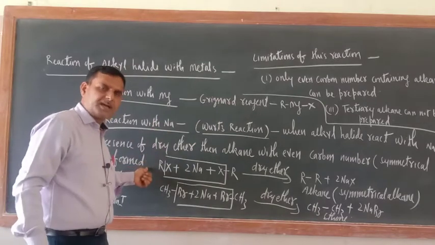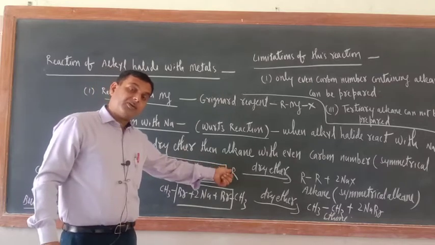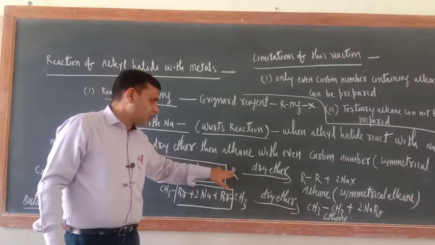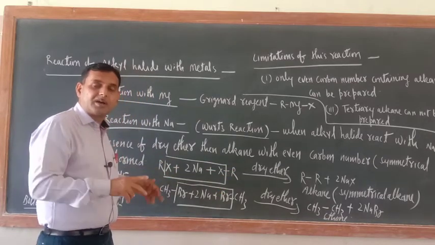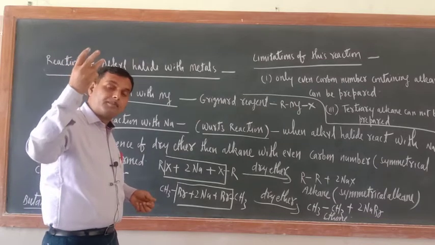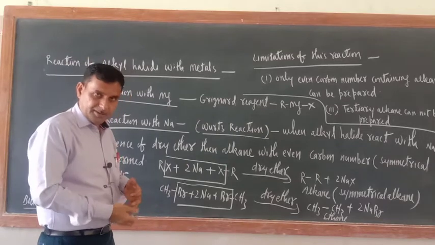So if on one side you have taken methyl bromide and the other side ethyl bromide, then methyl with one carbon atom and ethyl with two carbon atoms will combine and form a three carbon alkane.